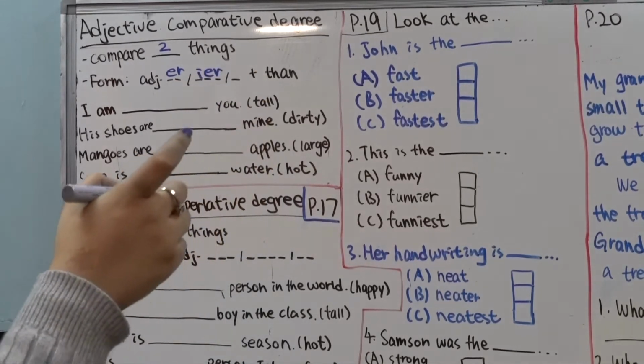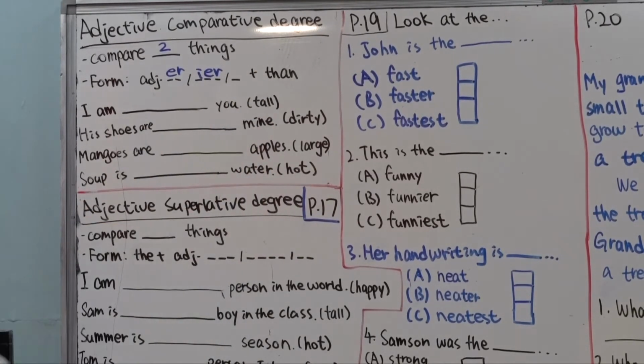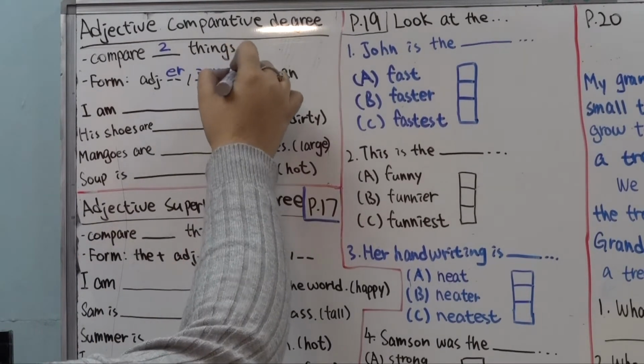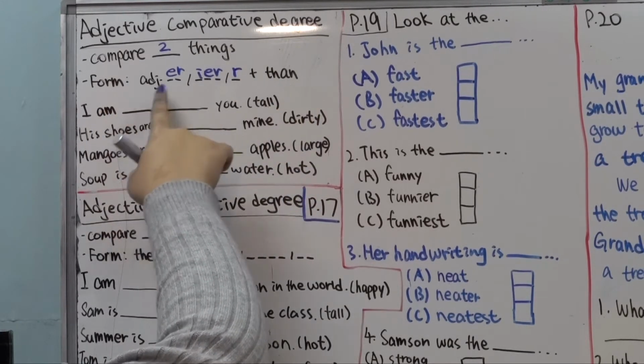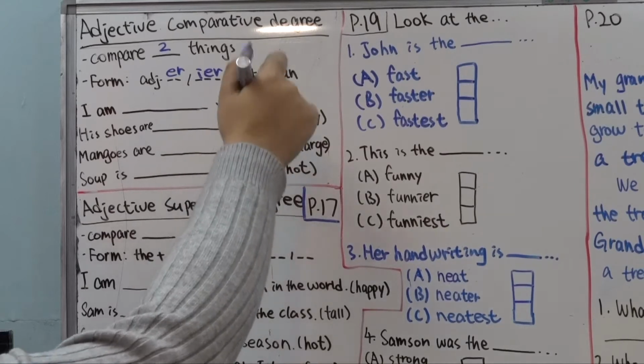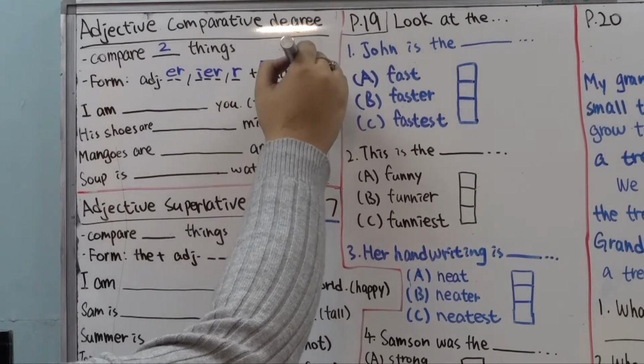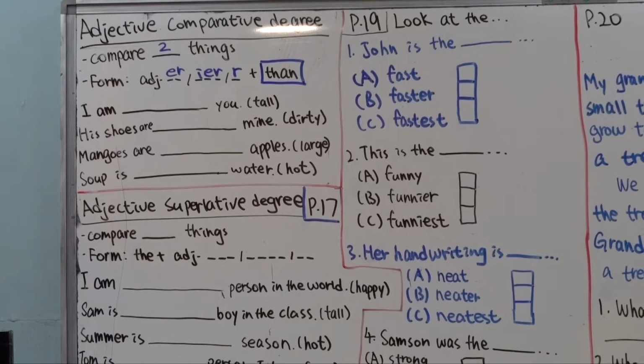If the adjective ends with e, what do we have to do? We can add r, right? Faster. So adjective with er or ier or r, and then we add than. This is the form of comparative adjective. In comparative adjective, we compare two things, remember, okay? The form is adjective with er or ier or r, and the word than.